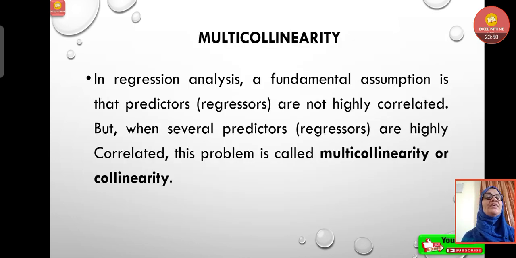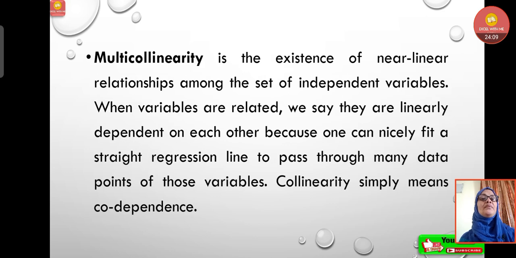Now multicollinearity. In regression analysis, a fundamental assumption is that predictors, that is regressors, are not highly correlated. But when several predictors are highly correlated, this problem is called multicollinearity or collinearity. Now what is multicollinearity?